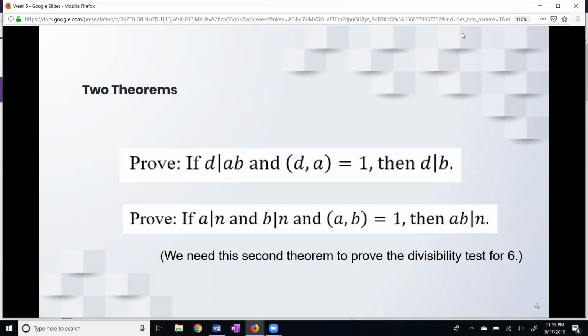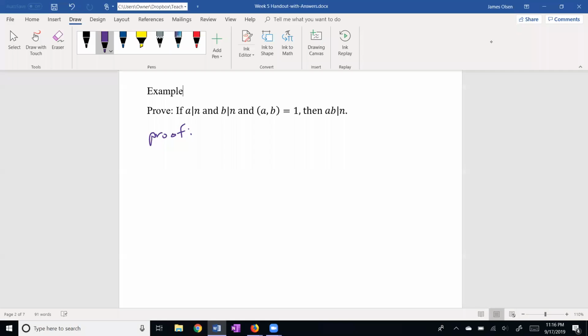So let's prove this. Okay, let's start with the given information that the GCD of A and B is equal to 1. And we're going to use Bezout's theorem. It says that we can write a linear combination of A and B that gives 1.